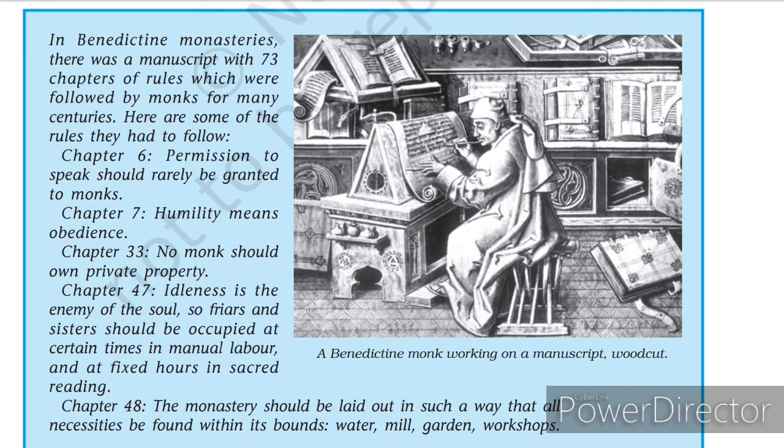So that means chapter 6 says permission to speak should be rarely granted to monks. That is all about pain and any kind of demands. Secondly, they have to be honest. Third, in chapter 33, it is said, no monk should own private property. So they don't have it.